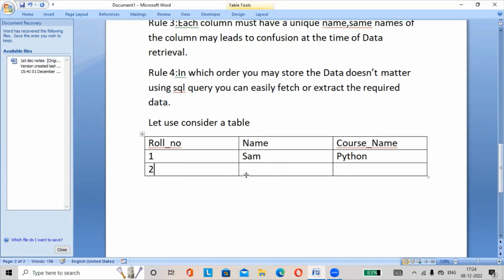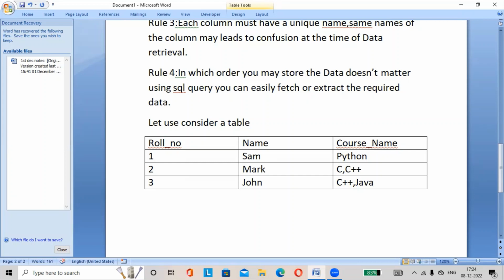Then roll number 2, Mark, his course name is C, C++. Then roll number 3, John, his course is C++, Java.